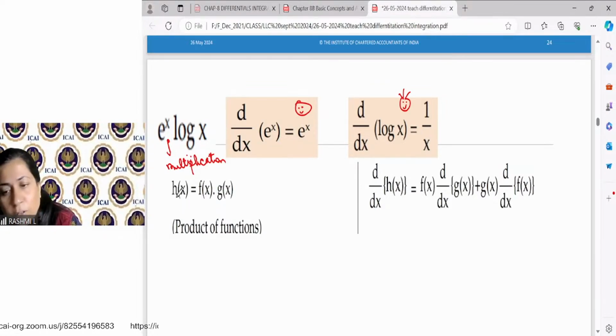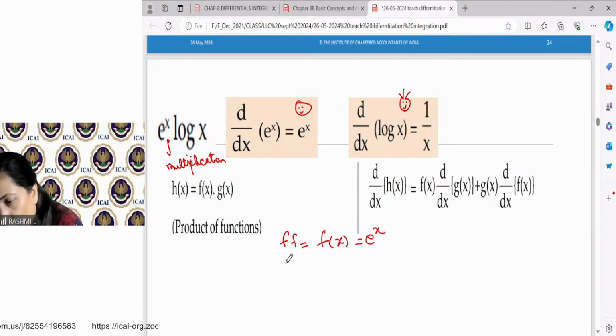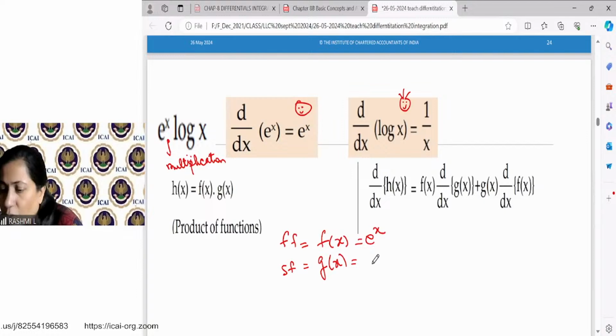What is the rule when your function is a multiplication of two functions? The derivative is: first function into derivative of second plus second function into derivative of first. So my first function, f of x, is equal to e raised to x. My second function, g of x, is equal to log x.